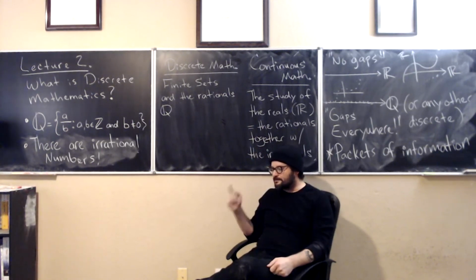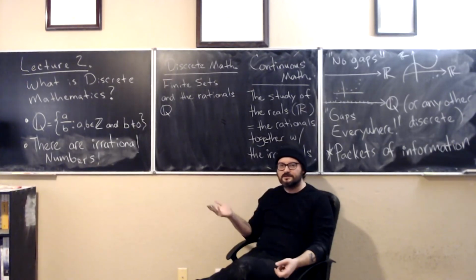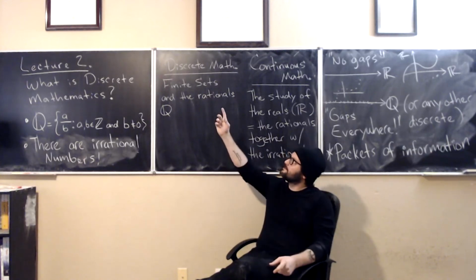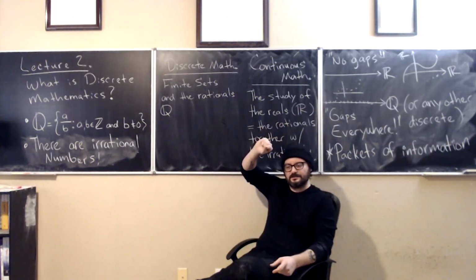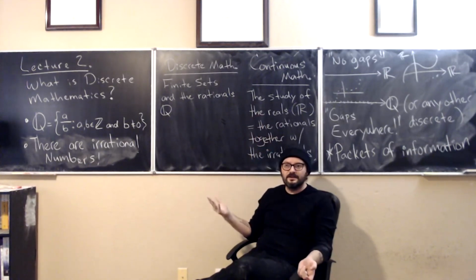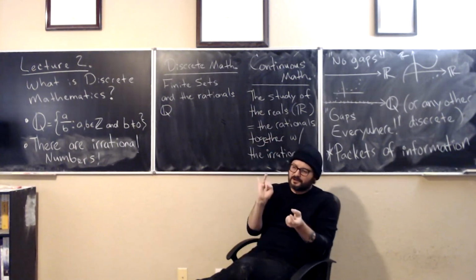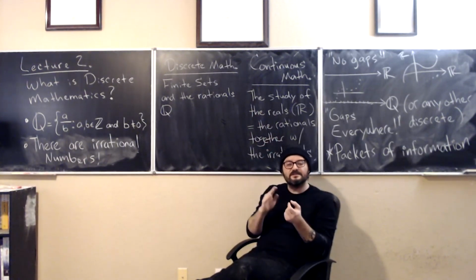So what's a really obvious object that all of you in this course deal with in your major? As computer science majors and data science majors, what's a really obvious discrete object? Well, computers, right? A computer is a finite set of instructions, a finite amount of RAM, memory, storage.